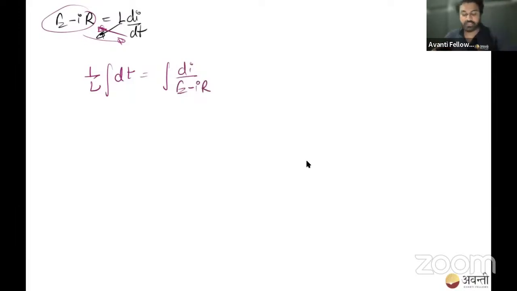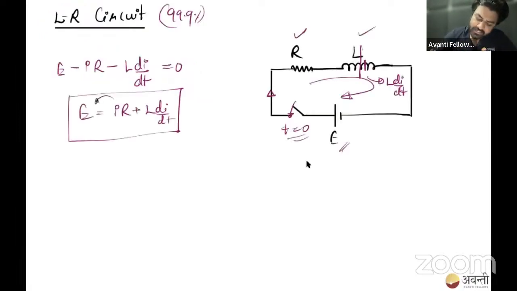So what I'm basically doing is I brought the dt terms on one side and the I terms on the other side. Now listen carefully. At t equal to 0, when I just close the switch, the current will be 0.